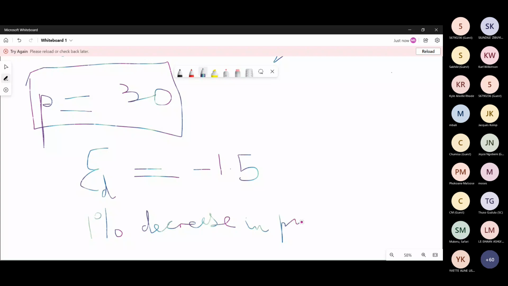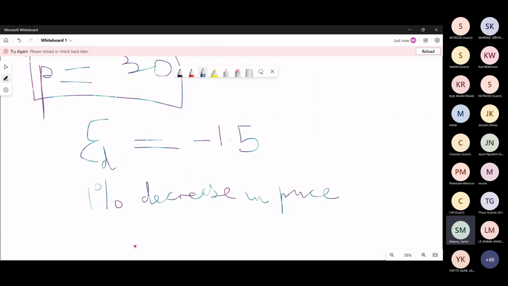There will be 1.5% increase in the demand. Very good. It will be 1.5% increase, right? Why do we change? Because of this sign here. Here will be now an increase in the quantity. I hope this is very clear.